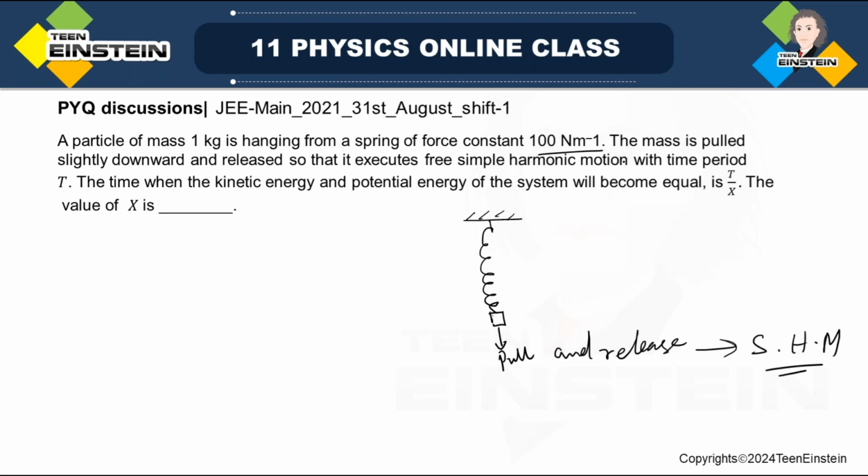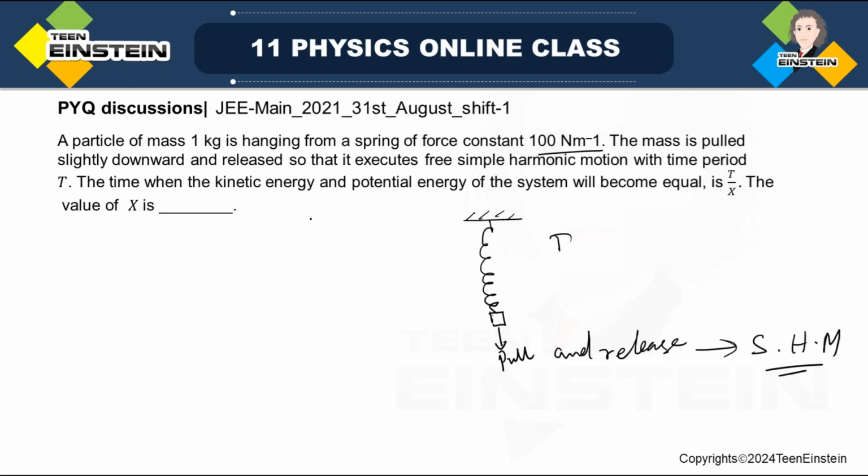The question says it executes simple harmonic motion with time period T. The time taken when the kinetic energy and potential energy of the system become equal is T by x.